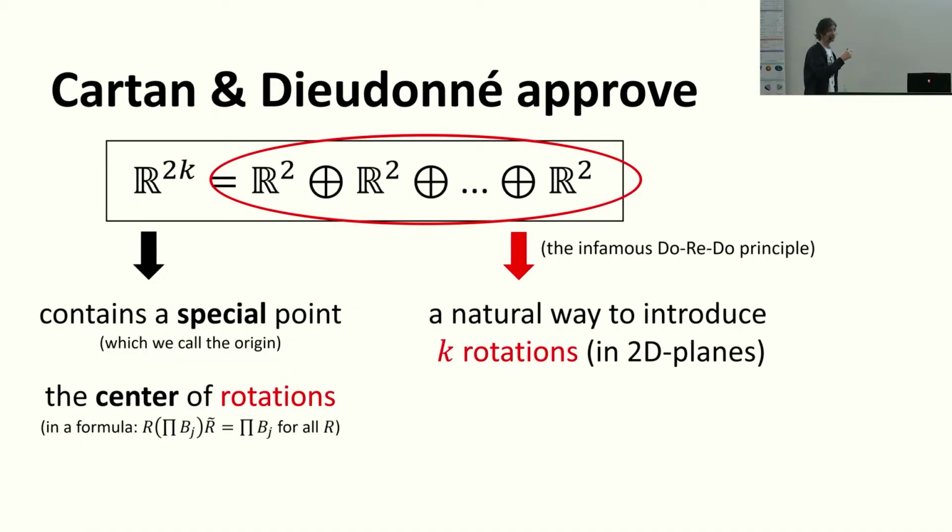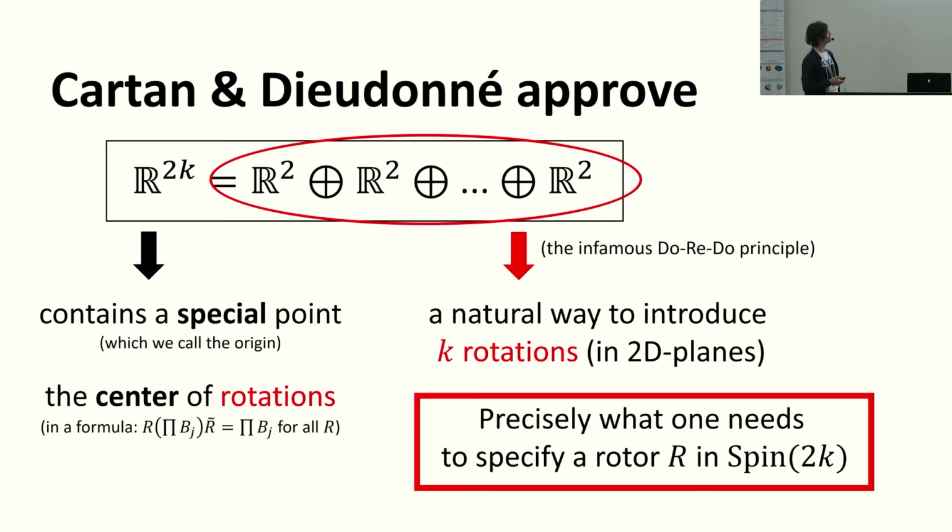But at the right-hand side of that equality, and that is the infamous do-re-do principle by Martin Roelfs, we have a natural way to decompose R^2K into K copies of two planes, the B1, B2, and so on. So in a sense, this is a very natural way to introduce a spin 2K element, a rotor, via K rotations in a plane. And this is why already a few times I told you it's enough to understand what is happening in spin 2. In a sense, you don't need to know more than that. Well, you need to know this, but then it's okay.